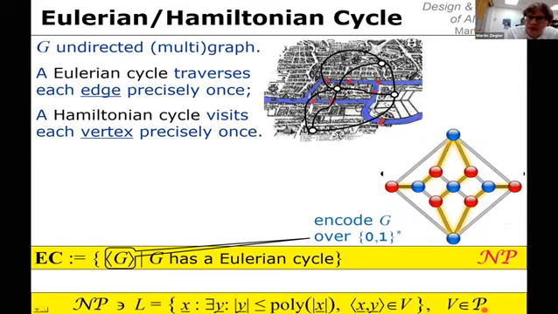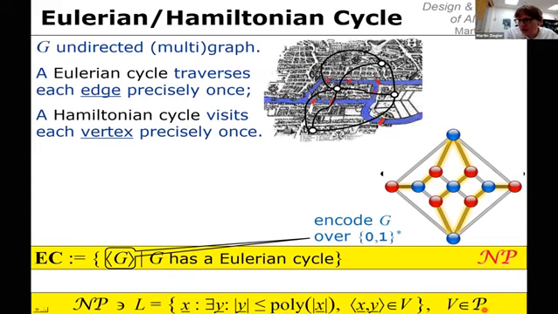Here's another example. Let's look at this graph, and I claim that this graph does not have a Hamiltonian cycle. How can I convince you that this graph does not have a Hamiltonian cycle? This is a more delicate issue, right?